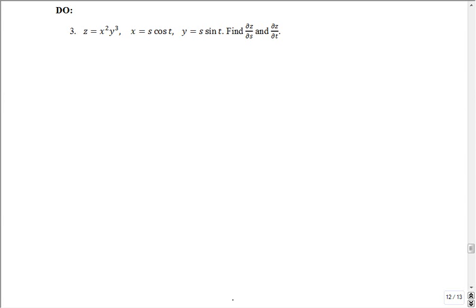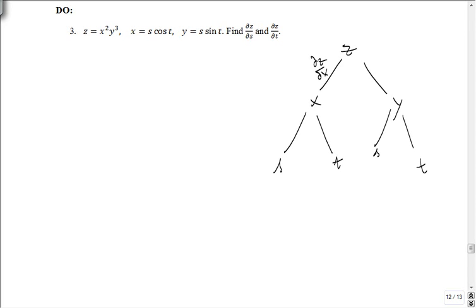Okay, let's go over it. So let's draw the tree. Z, X, Y, S, T. Partial Z with respect to X, partial X with respect to S, partial Z with respect to Y, partial X with respect to T, partial Y with respect to S, partial Y with respect to T. Okay.